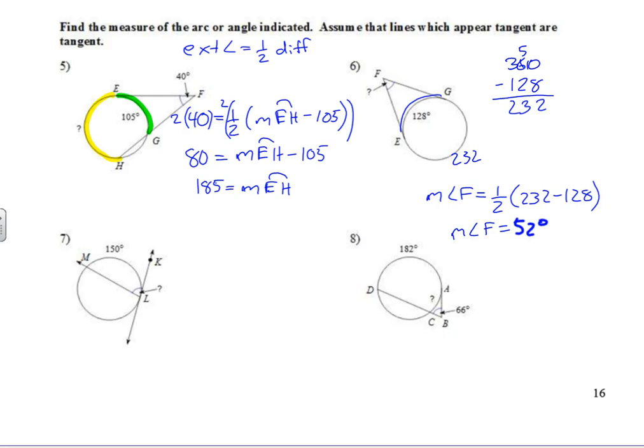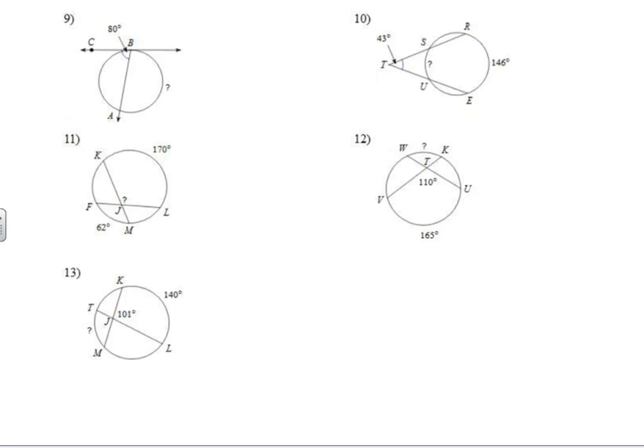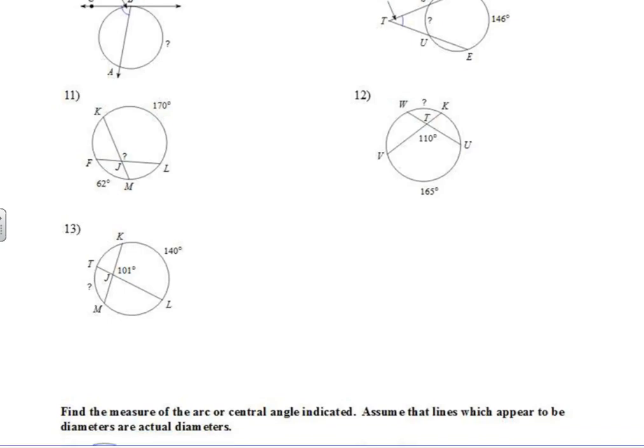I think you can know how to do 7 and 8. We've done enough examples of those. Let me see if there's any other ones that I really want to make sure that we do. I want to make sure I do a couple more interior ones. So I'm going to do 11. Again, here's our interior angle. And so the measure of angle KJL equals 1/2. Now, take your 2 lines and draw a highlighter, and those are your 2 arcs, this arc and that arc.